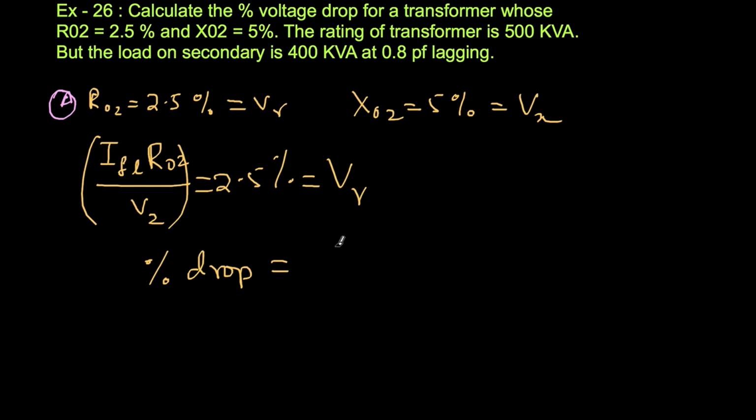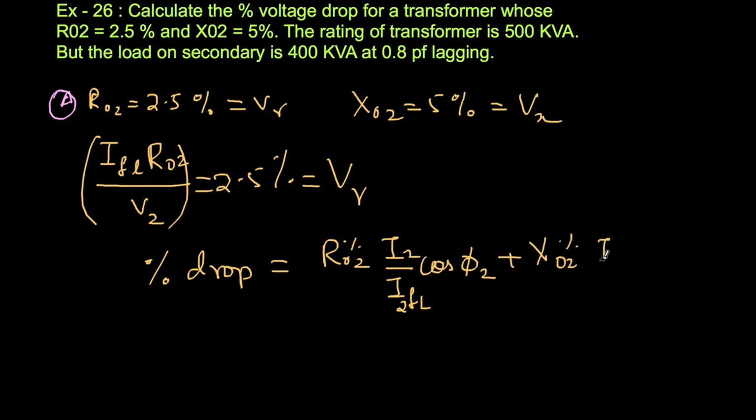The percentage drop is R02 percentage into I2 by I2 full load into cos phi 2, plus, because a lagging power factor is there, X02 percentage, again a percentage, into I2 by I2 full load into sine phi 2.